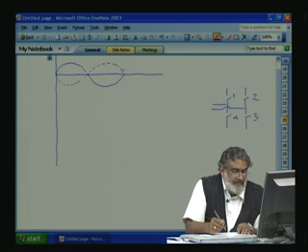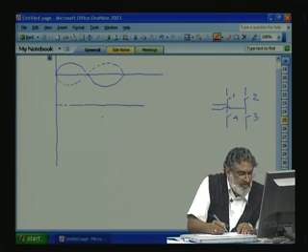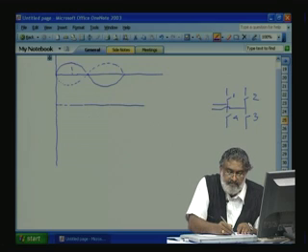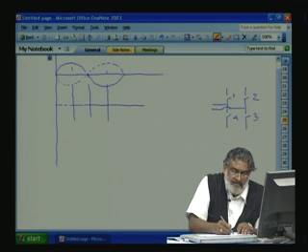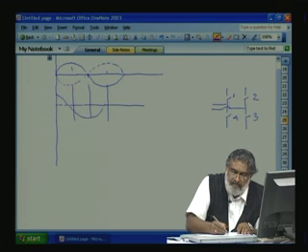So, what we do is integrate the mains waveform and make it a cosine. We will generate a cosine waveform here. If you see here, the cosine waveform will be like this. This way it goes.